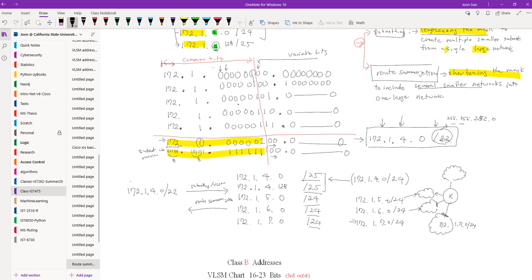But we subnetted it into two smaller networks of equal size, so this network .4 is divided in half. The first half is this one, and the second half is this one.